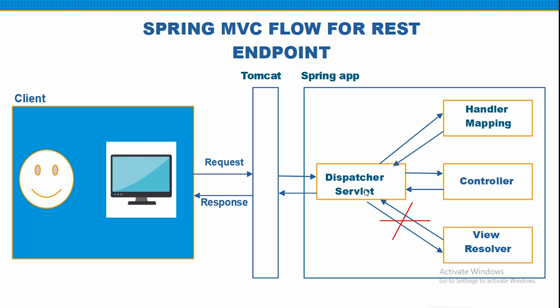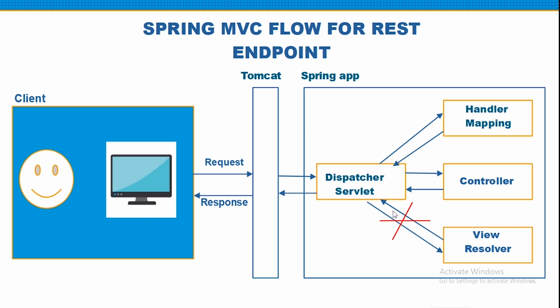In a normal Spring MVC flow, when the controller action returns that name, the dispatcher servlet delegates the responsibility of finding the view to the view resolver. If the view resolver finds the view, it returns it to the dispatcher servlet, and then the dispatcher servlet returns this view to the client.